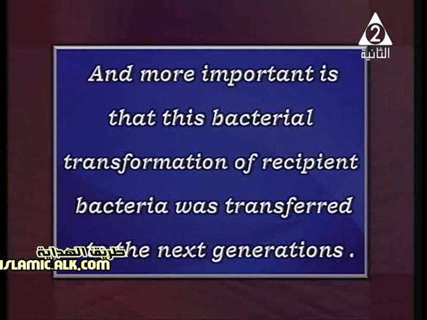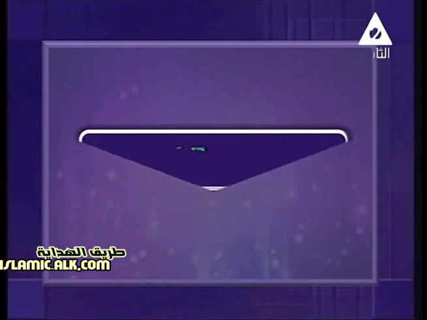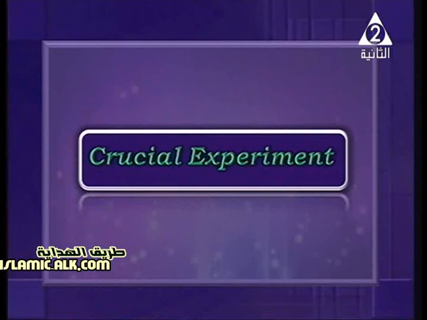So after gaining these characteristics of the DNA, this type of bacteria has the ability to pass this information to the next generation, the next offspring. And here we also have a crucial experiment, one of the smartest experiments in the field of DNA genetic information.